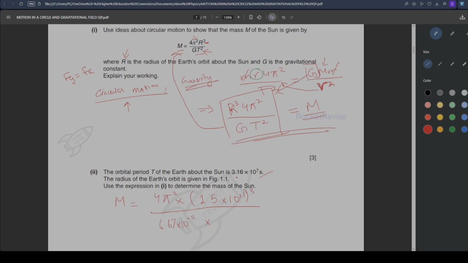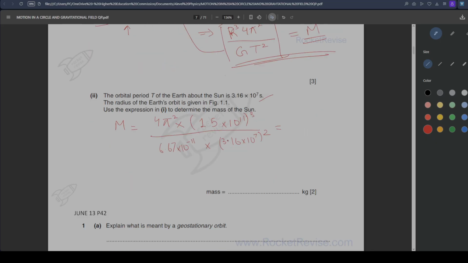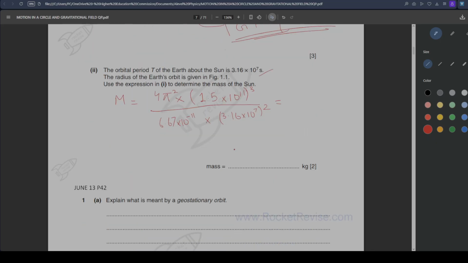Our time period is 3.16 into 10 power 7, and this is being squared. Let me just calculate it. So this is equal to 2.0 into 10 power 30 kg. That's going to be our answer.